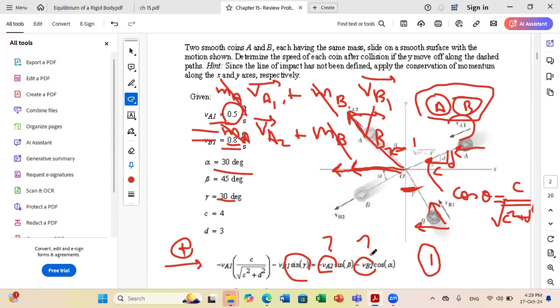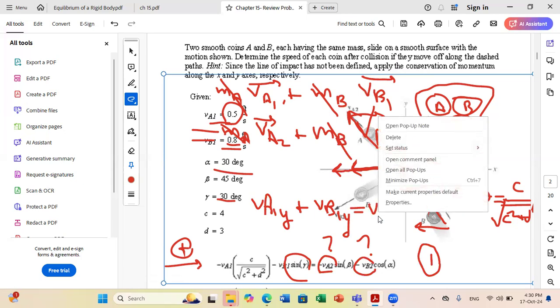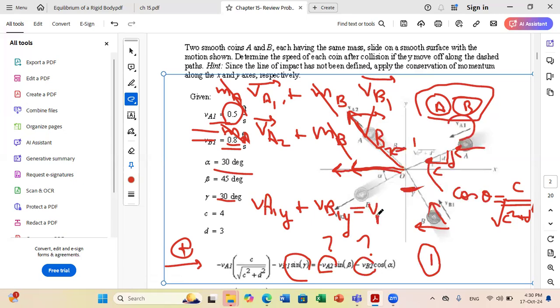The second relation will be the application of conservation of linear momentum along Y. So we have VA1Y plus VB1Y equals VA2Y plus VB2Y.